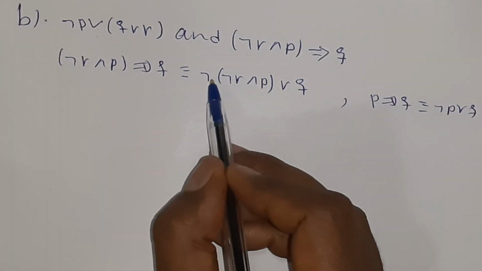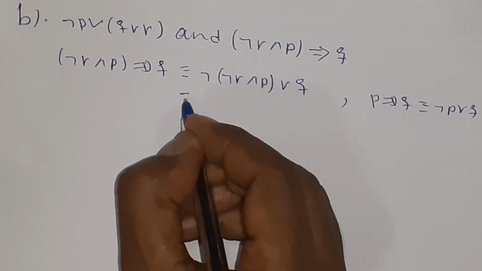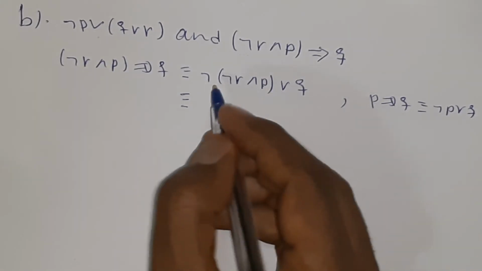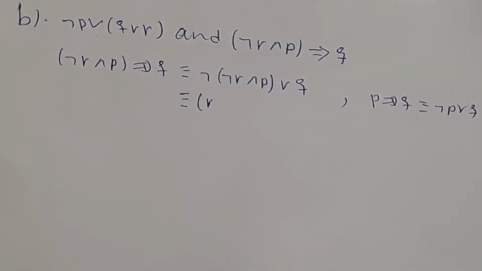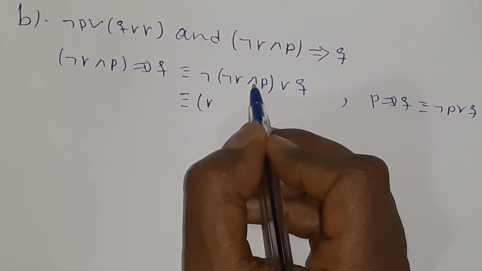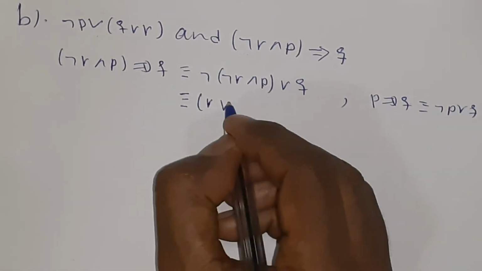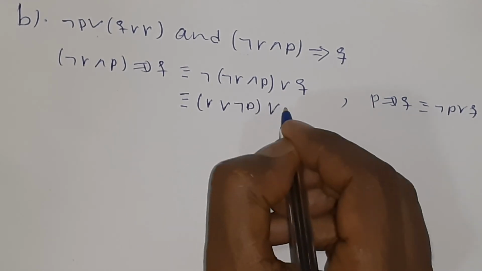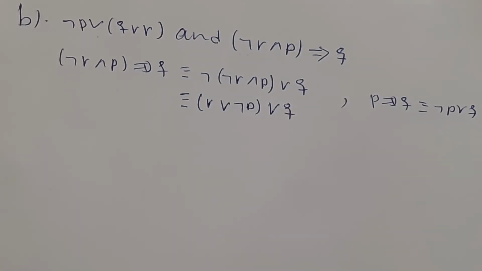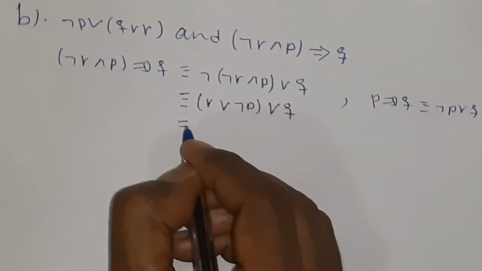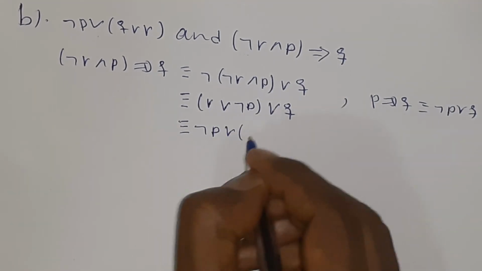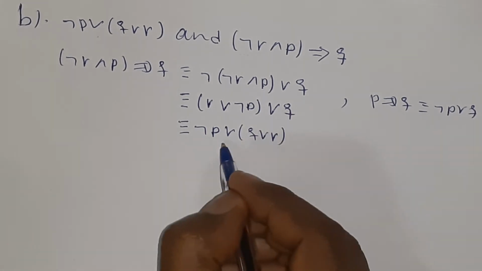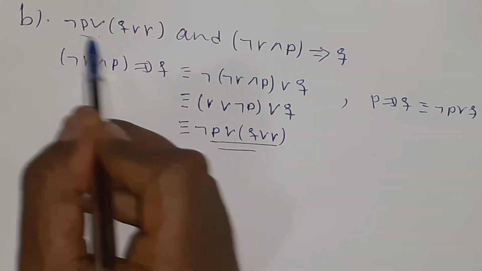Then distributing this one over here, it is equivalent with the negation of R, that is R, so that the conjunction should be replaced by disjunction, that is or negation of P or Q. Using commutativity and associativity properties, this can be written as negation of P or Q or R, which is identical with this one.